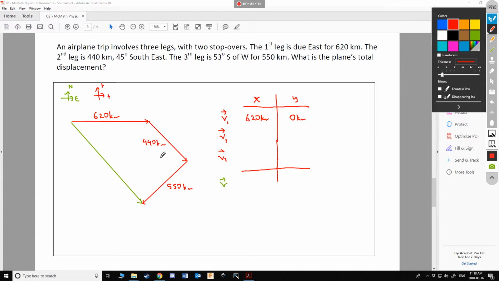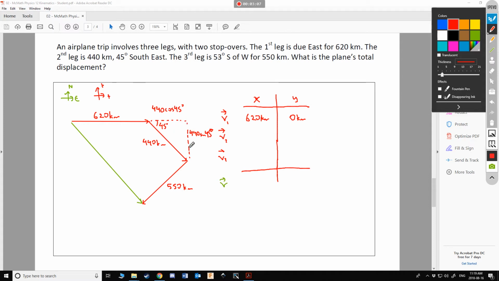For this one, I know that V2 has an x component, so I can draw that dotted line right here and a y component. And this value right here is just going to be 440. So 440 cos 45 degrees. This one is going to be 440 sine 45 degrees. Know that for an isosceles triangle though, that the 2 leg lengths are going to be identical.